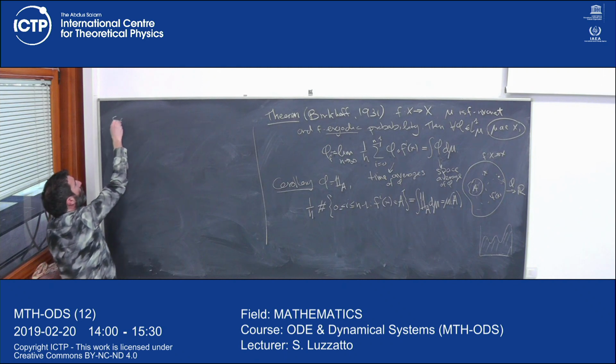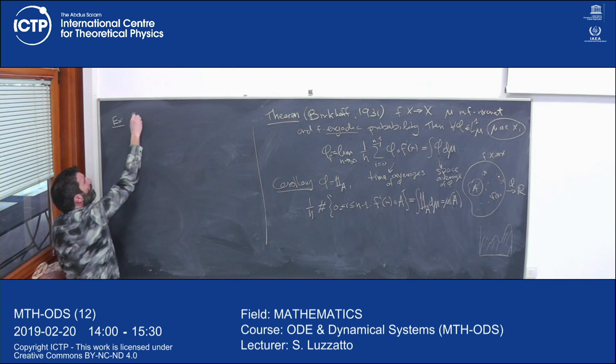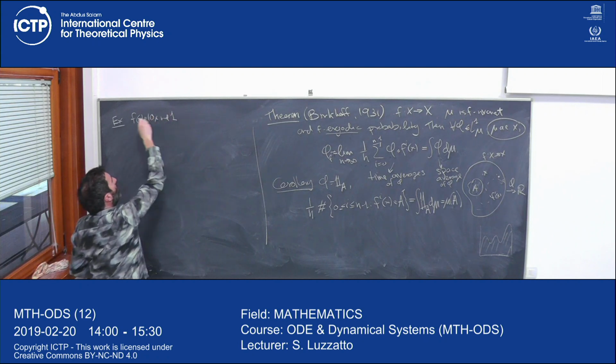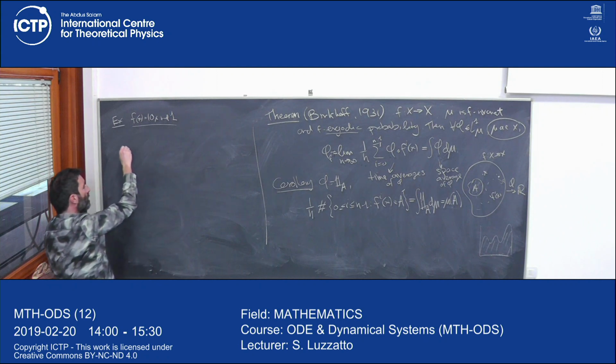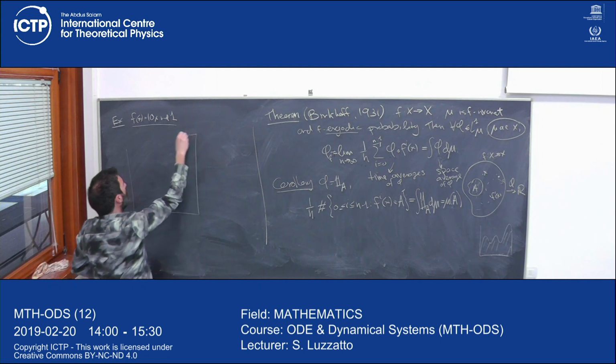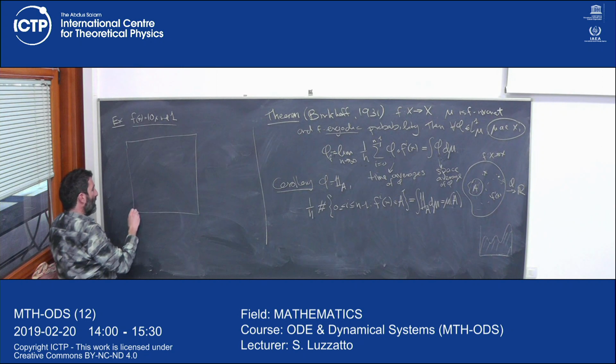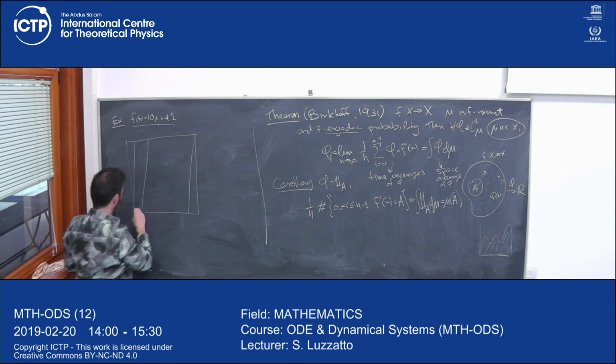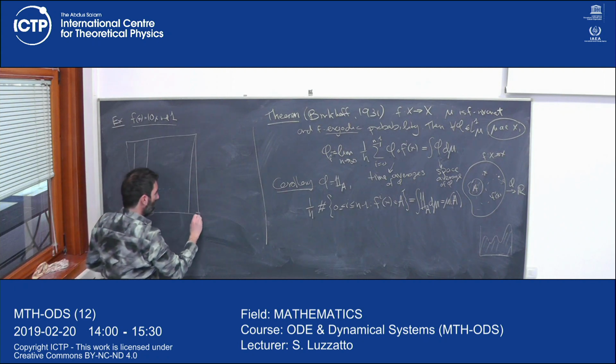So let's take our favorite map f(x) = 10x mod 1, which we have seen before. Okay, so we have that 10x. We know what the graph looks like. So this is 0, 1.